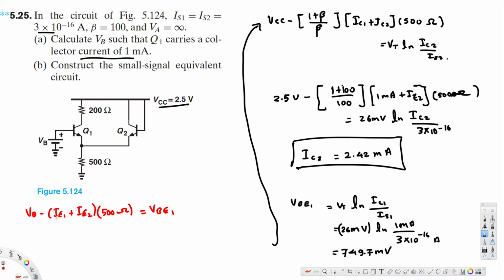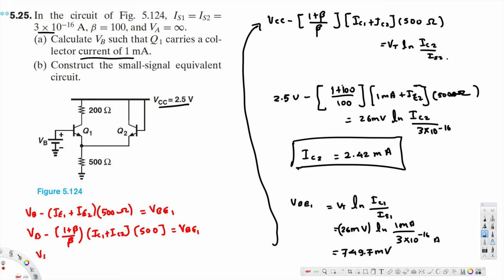IE1 and IE2 we don't know, but we can write them in terms of IC1 and IC2 by replacing this with (1 plus beta) over beta times (IC1 plus IC2). So VB minus (1 plus beta) over beta times (IC1 plus IC2) times 500 is equal to VBE1.